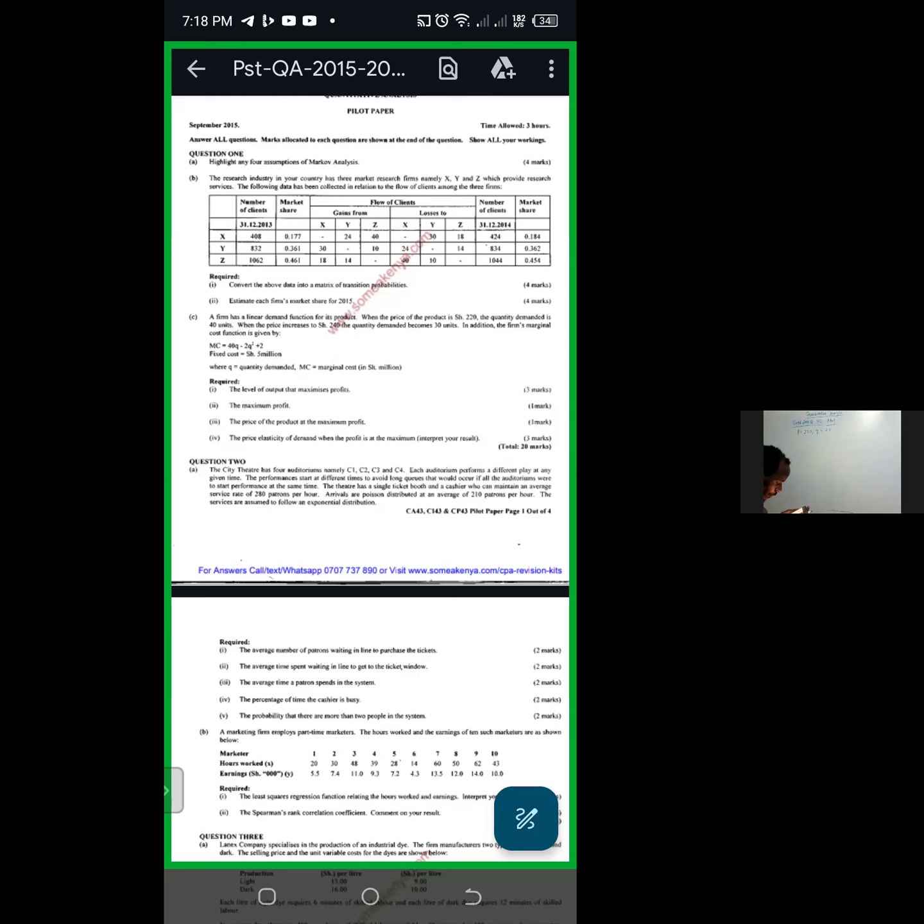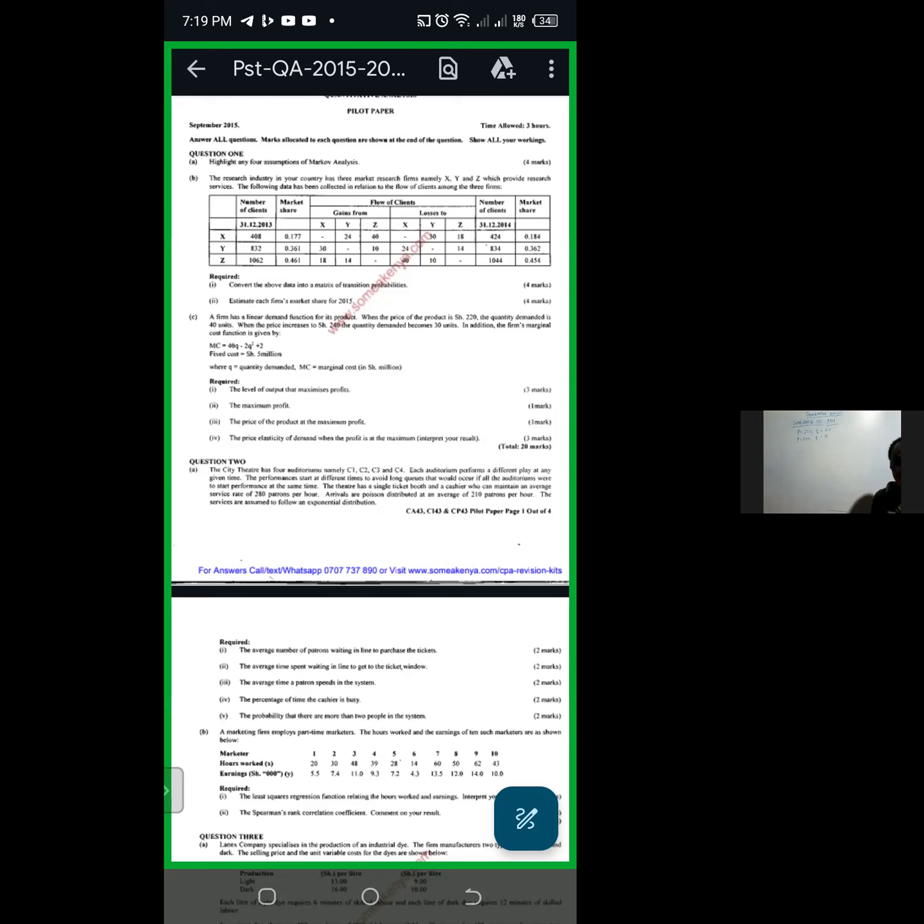And then when price increases to 40, the quantity demanded becomes 30. Q becomes 30. That is what I'm interested in for now.